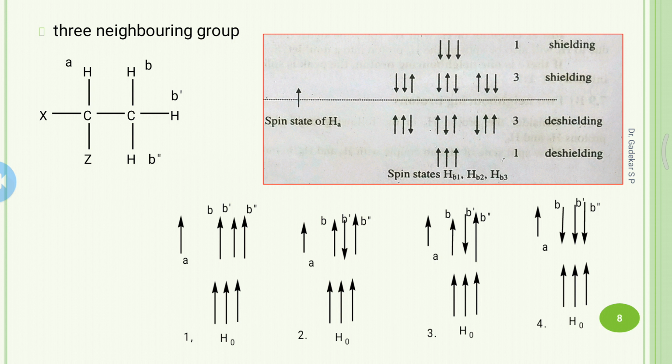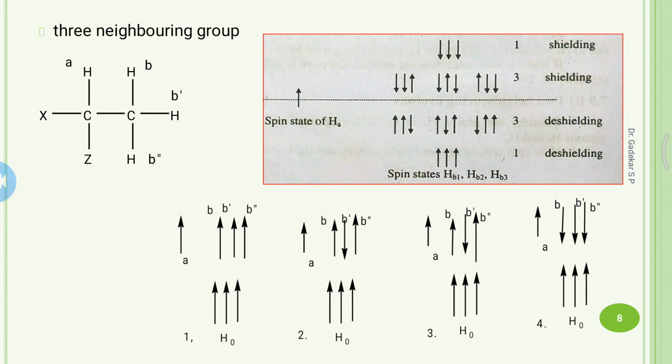In the first example, A interacts with B dash and B double dash, and the spins are parallel with the applied magnetic field.